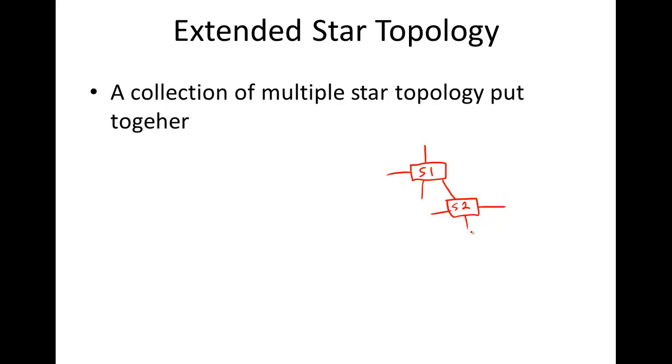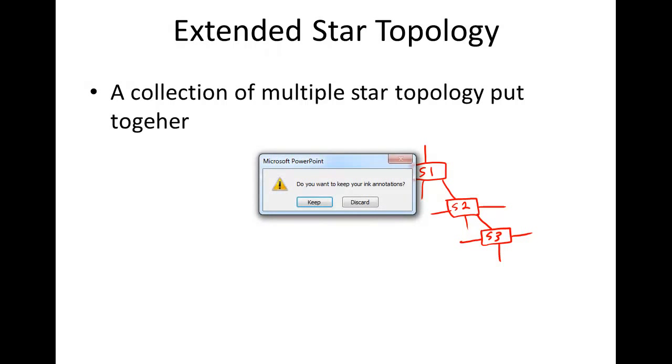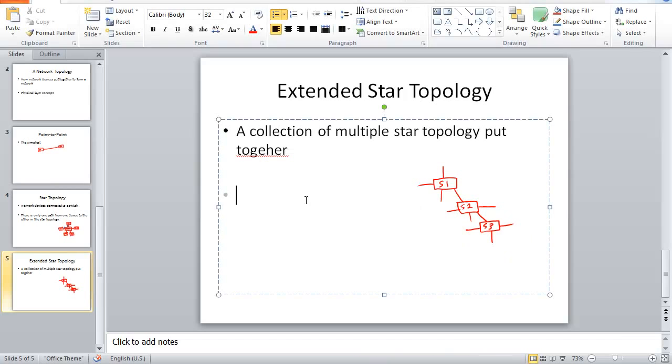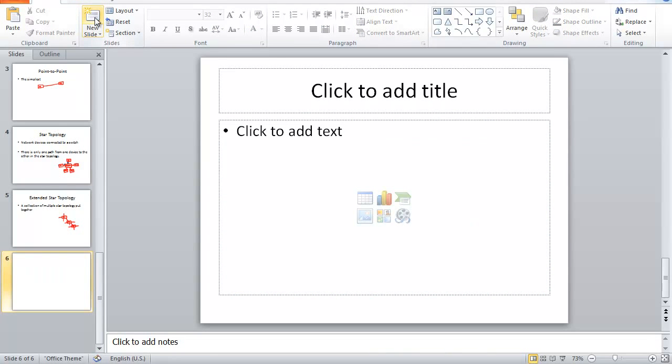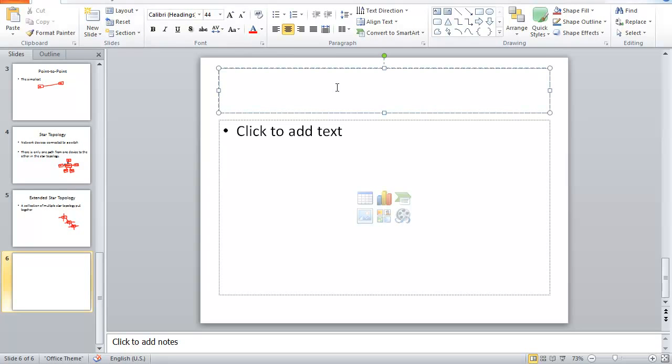But again, this switch might have another switch connected to it and so on. So that's what we mean by the extended star topology. Next one is this thing called bus topology. Oh, before bus topology, let's talk about mesh topology.